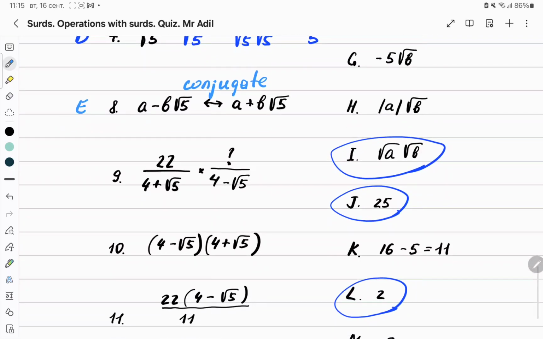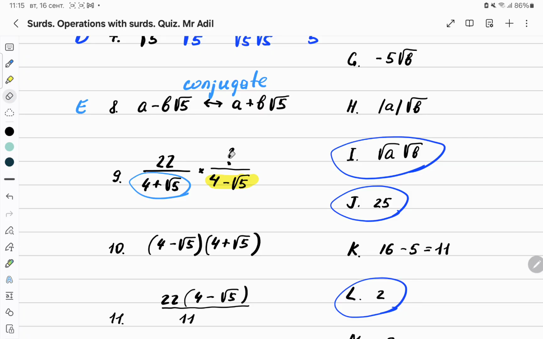Number 9. So the question mark here is multiplication, and we see that our denominator is not rational. So this question is a part of rationalizing the denominator. And we see that the second expression is a conjugate to the first denominator.